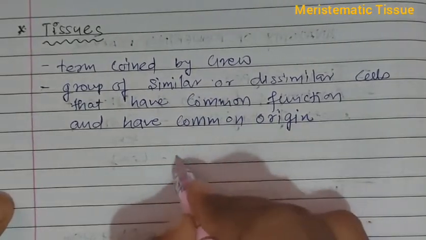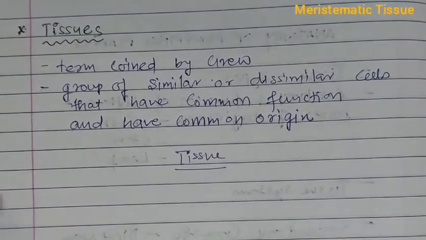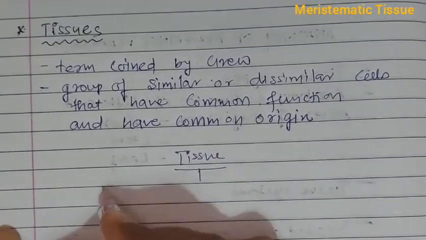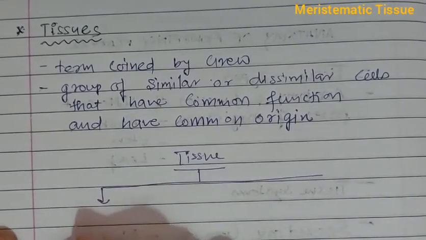Now when we classify them, first we classify tissue into two main groups, that is meristematic tissue and permanent tissue.